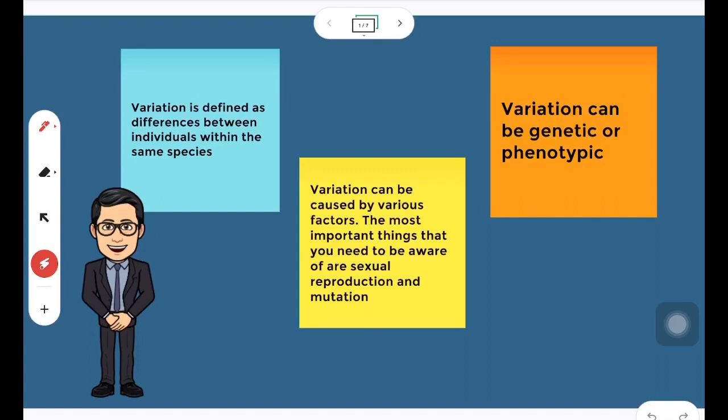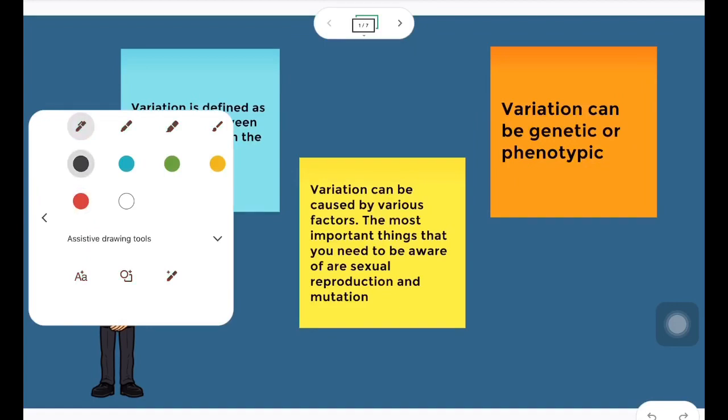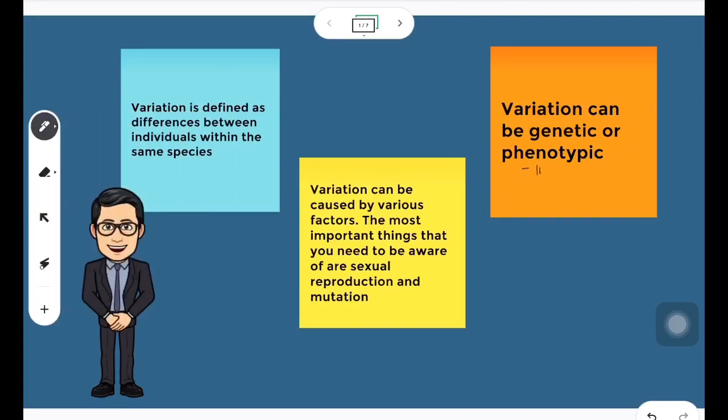While if it is phenotypic, it means the variability of phenotypes within a population, which are influenced by both genetic and environmental factors.